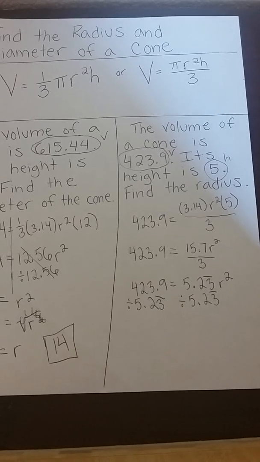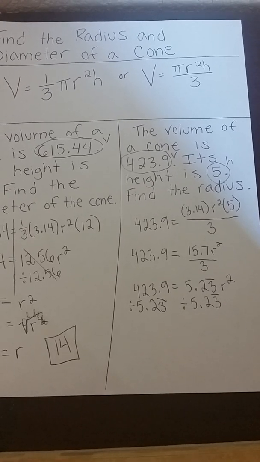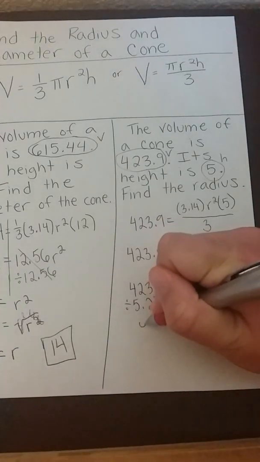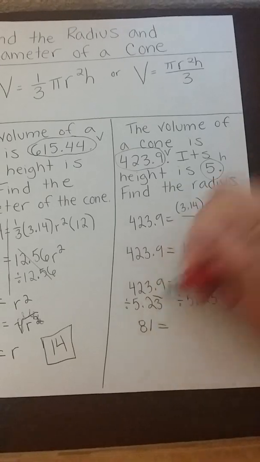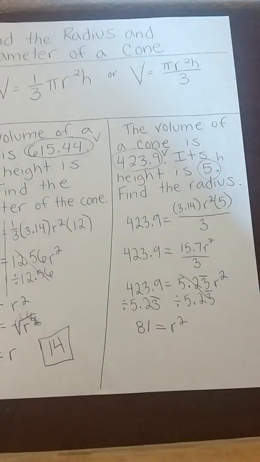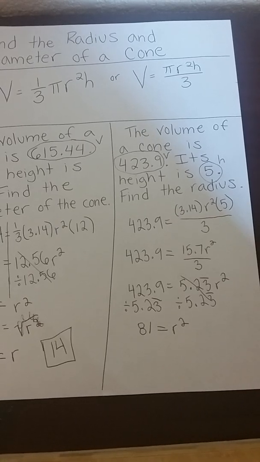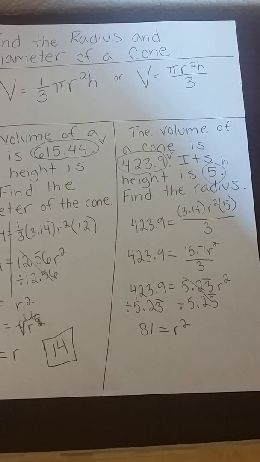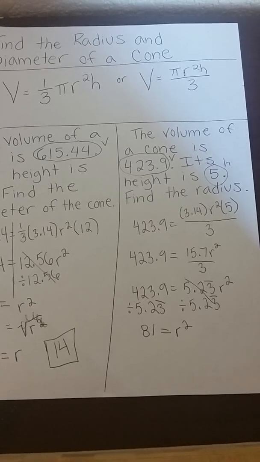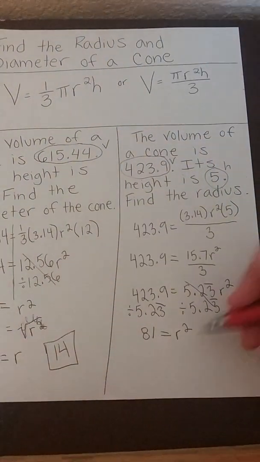I'm going to fill up my whole calculator with 3's so that I've got that repeating. And I get 81. Here they cross off and I just have r squared. So I have 81 equals r squared. Again, if I had just put in 5.23 without repeating the 3, it wouldn't have given me the right answer.